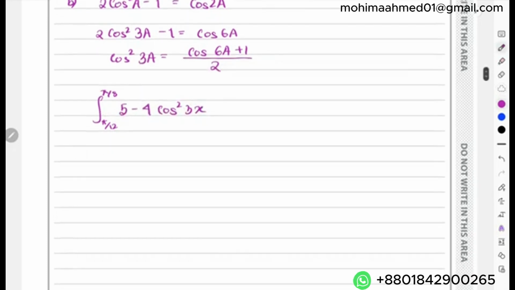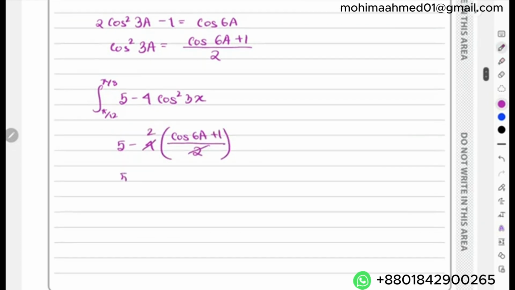Okay, so if you first break down this cos square 3x, so you have 5 minus 4 times cos 6x plus 1 over 2, which is basically indicating this will get cancelled with each other. So you have 5 minus 2 cos 6x plus 2. The 2 will actually get minus 2, right? Because it was negative in the front outside the bracket. So 5 minus 2 is 3 minus 2 cos 6x.